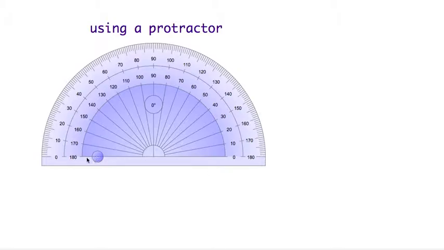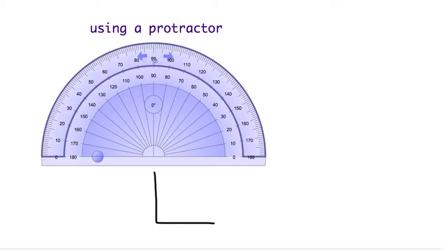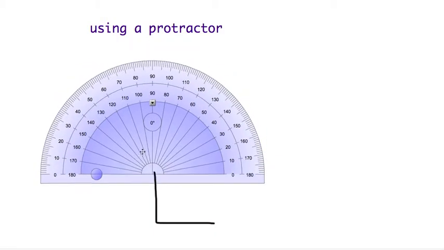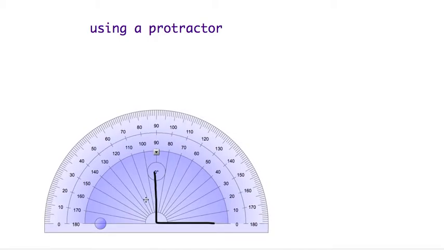And you can see that it also has a baseline right here, and that goes from 0 to 180. The numbers we will use depend upon the direction of the angle and the size of the angle. So if I have an angle that was facing this direction, what I would do is move my protractor down onto the angle.